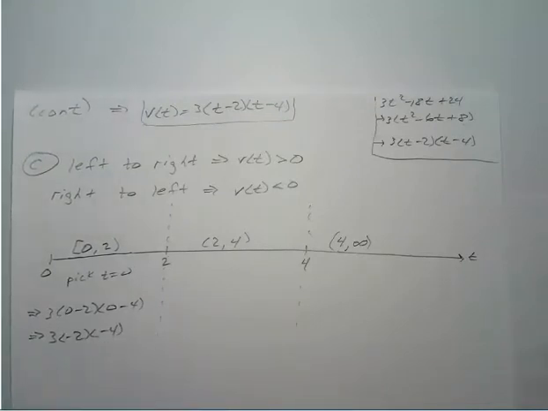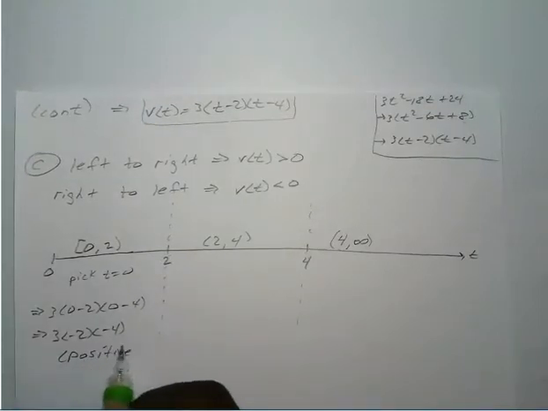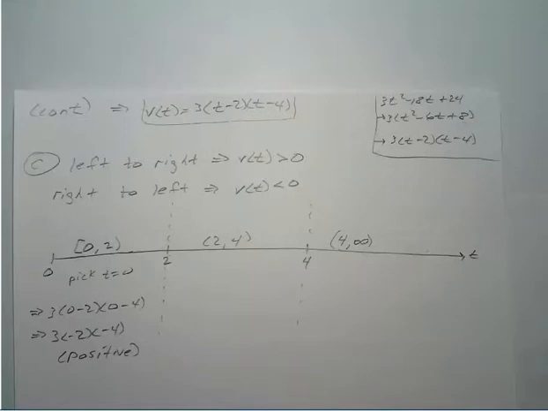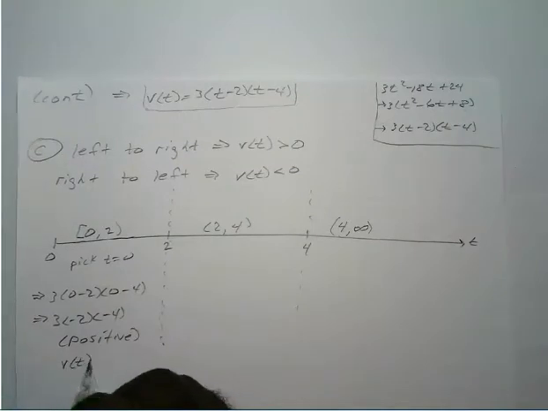We don't really have to solve it. We just have to find out whether it's positive or negative. This is positive. So since it's positive, that tells us the velocity is greater than 0 on this interval.